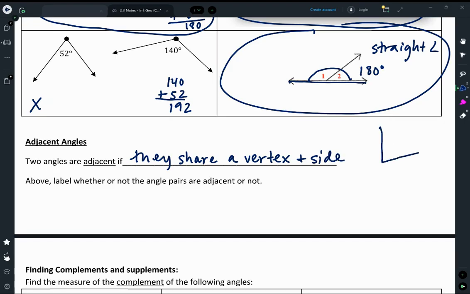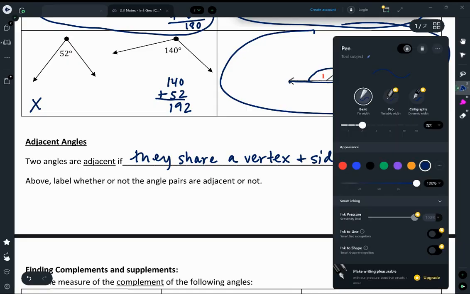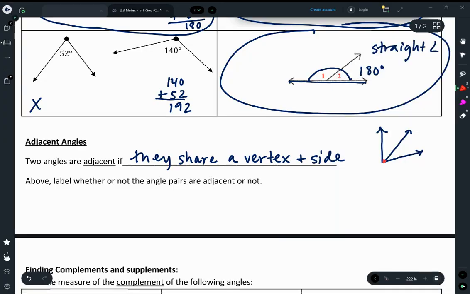Here are two different angles that are adjacent because they are sharing, let's go ahead and mark this in a different color here, a vertex and a side. So here's the vertex that they're sharing. Here's the side that they're sharing. So this one is a picture of adjacent angles.